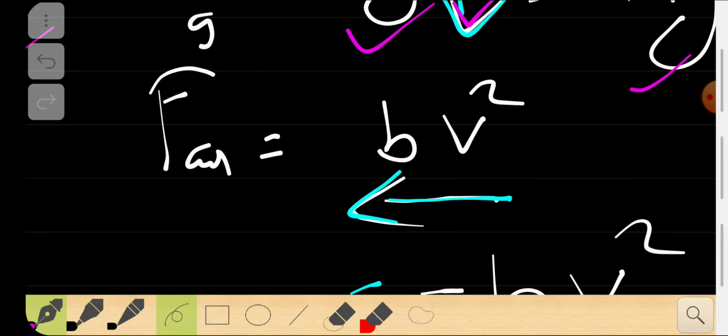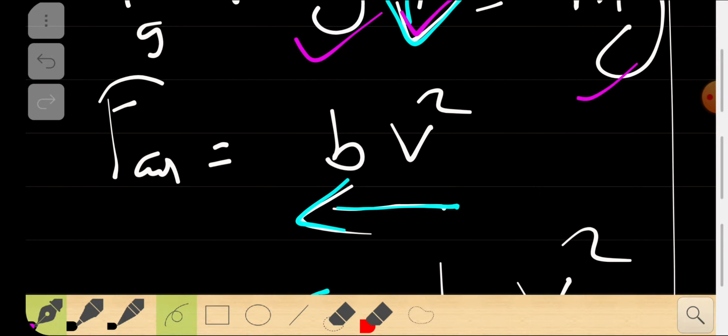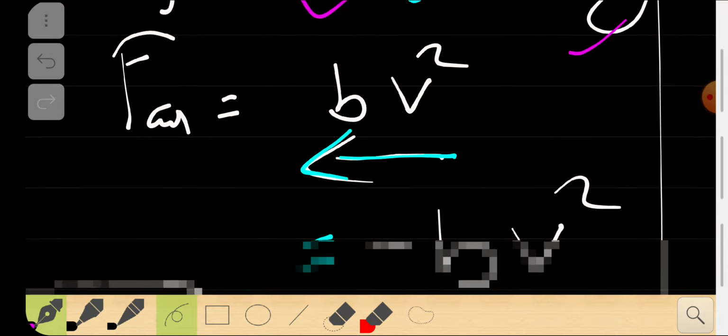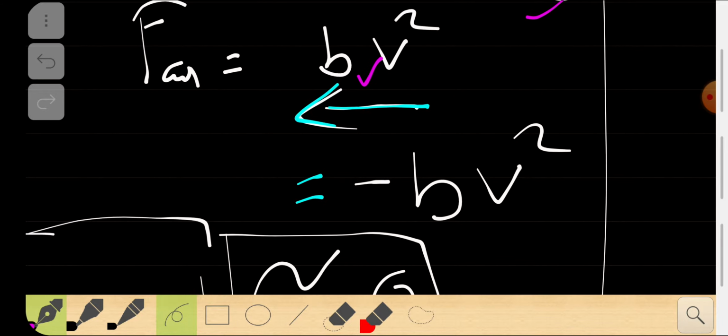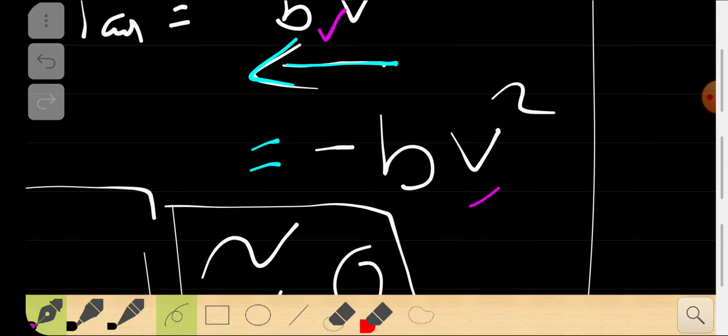Air drag, that resistive force, will be proportional to v square, and the coefficient of resistive force is b here. So it's bv square, and it's in the opposite direction, the left direction, so it will be minus bv square.